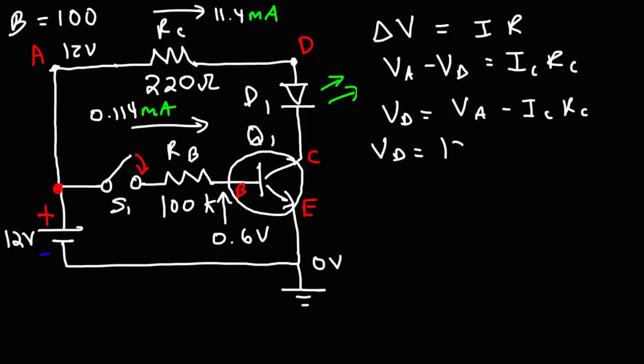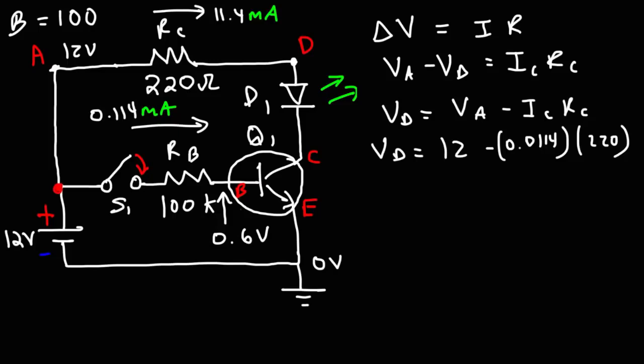So the potential at A is 12 volts. And keep in mind, VD is going to be lower than VA because the current flows from a high potential to a low potential. So it's going to be 12 volts minus the current, and since this is in ohms, we want this to be in amps. 11.4 milliamps, if you divide that by 1,000, you'll get the current in amps, which is 0.0114 amps, times the resistance of 220 ohms.